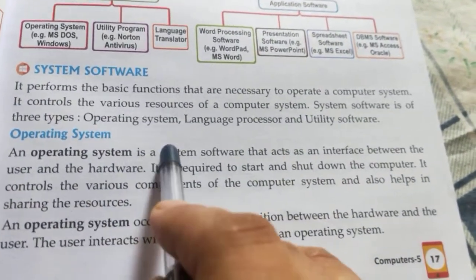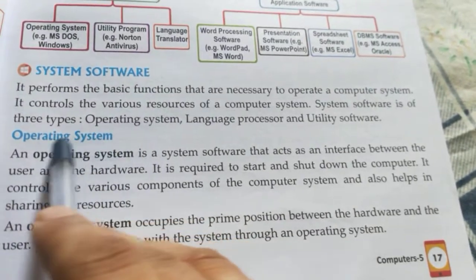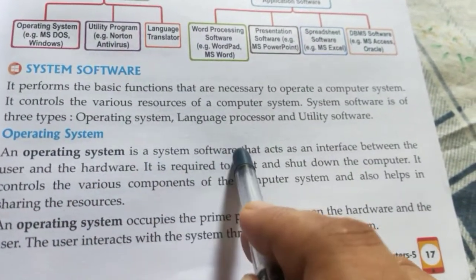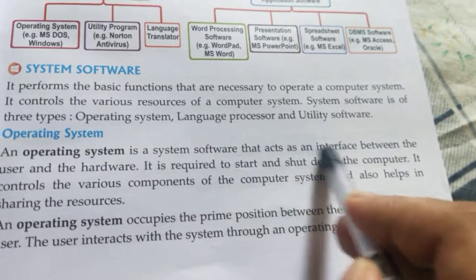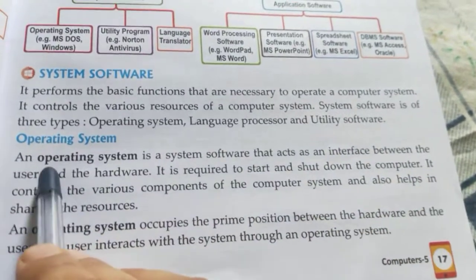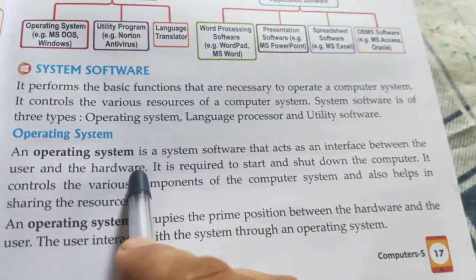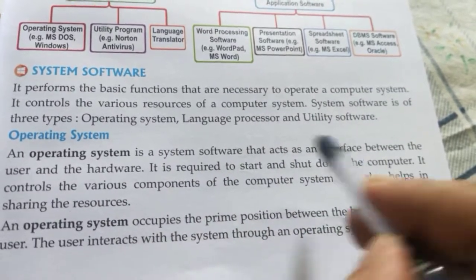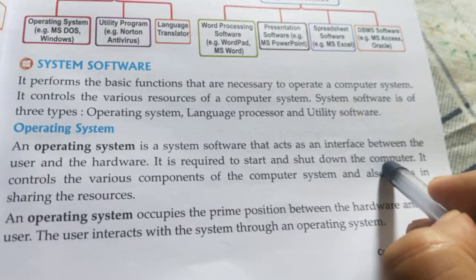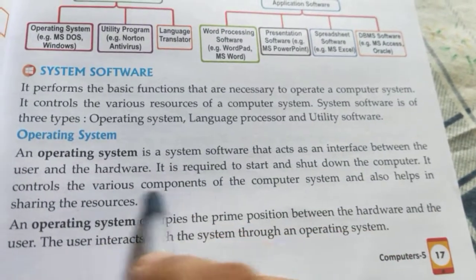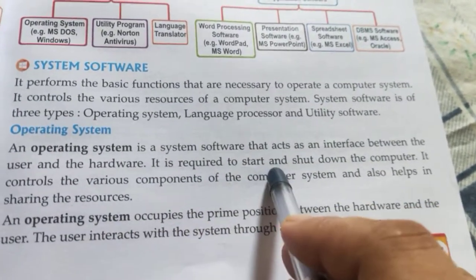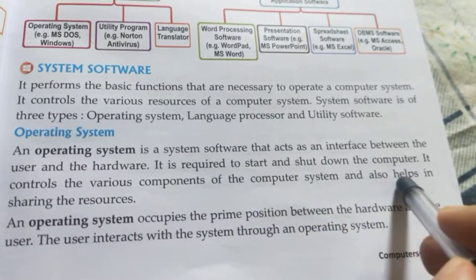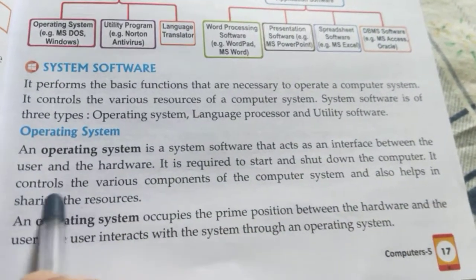So operating system acts like an interface between the user and the hardware. It is required to start and shut down the computer. It also controls various components of the computer system and helps in sharing the resources.